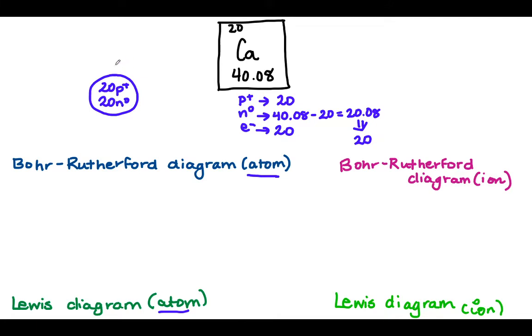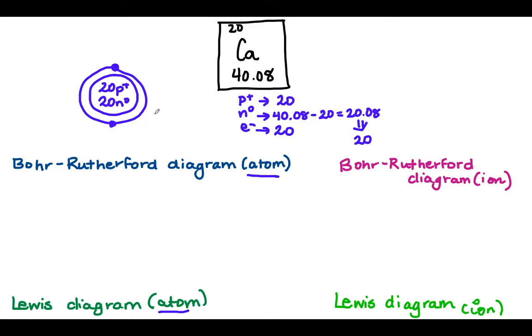So we're going to draw our first shell, and in our first shell, you're going to see that there are two electrons. And you can fit 2 electrons in the first shell from our 20. In our second shell and every other shell after the first shell, you can fit 8.